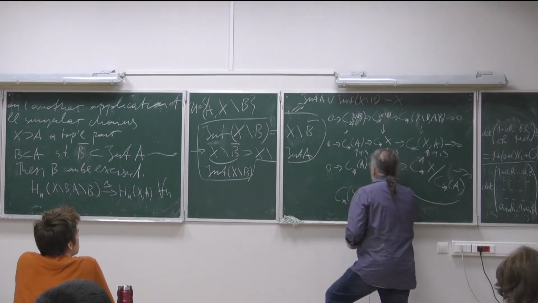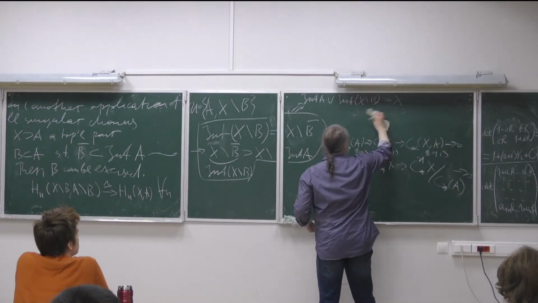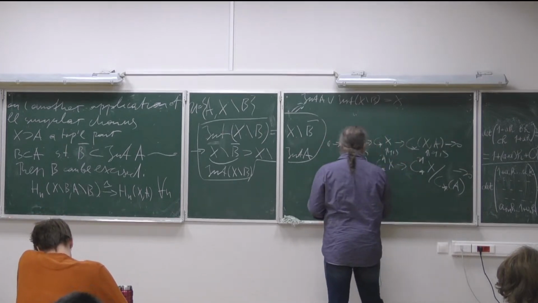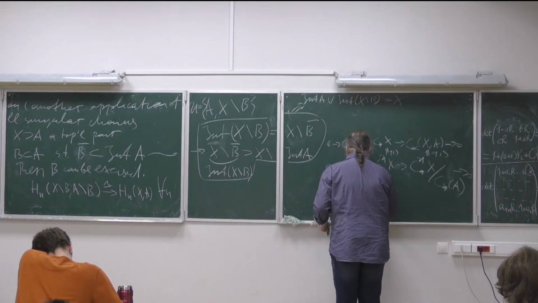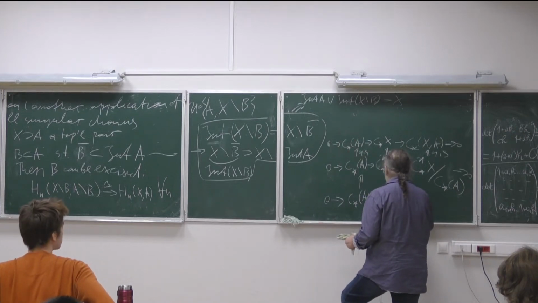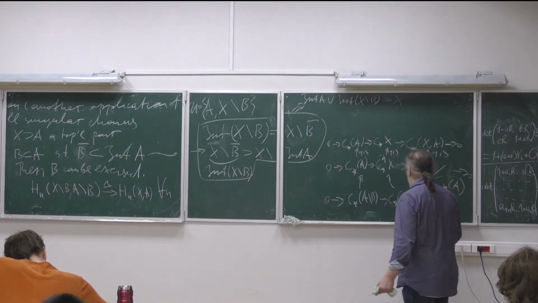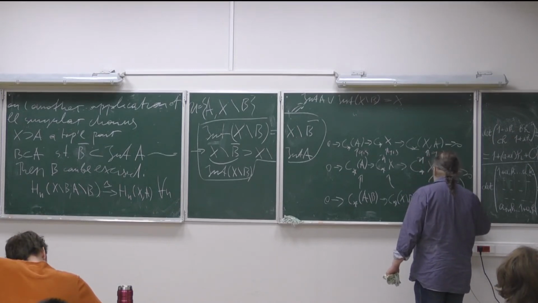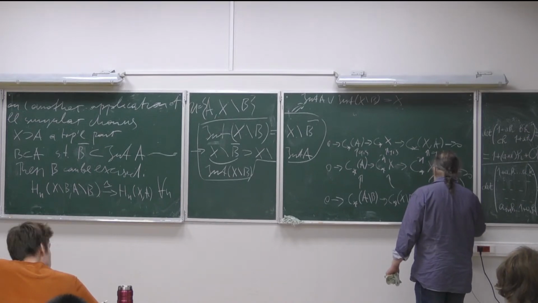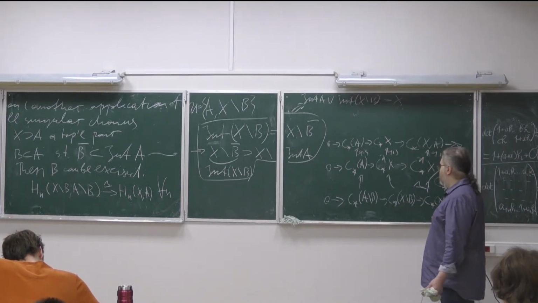Okay, I want to draw the same row, but I want to draw it downstairs. 0 goes to C lower star of A minus B, then C lower star of X minus B. And then I have the quotient complex C lower star of X minus B comma A minus B, 0, and this map is an isomorphism.